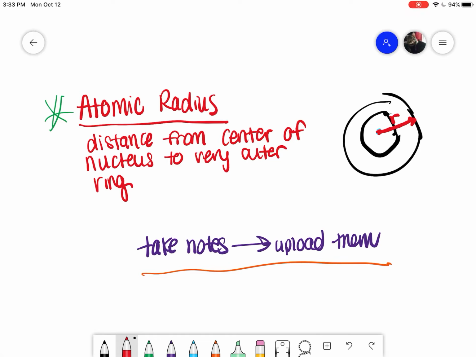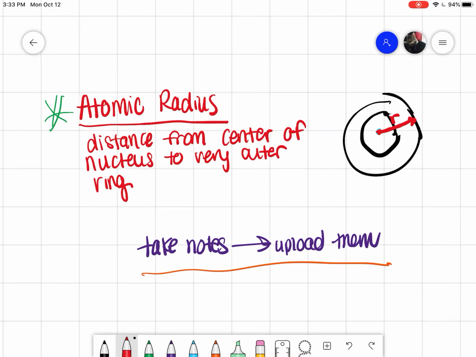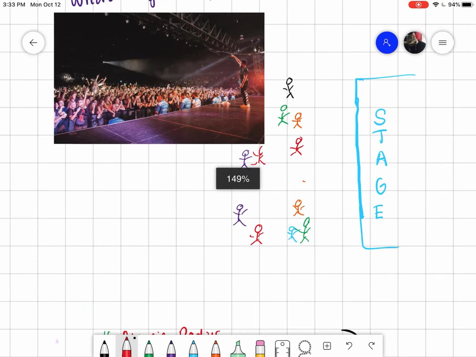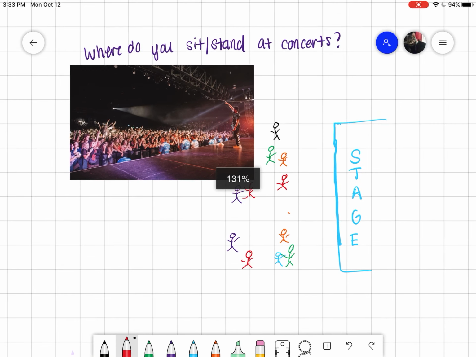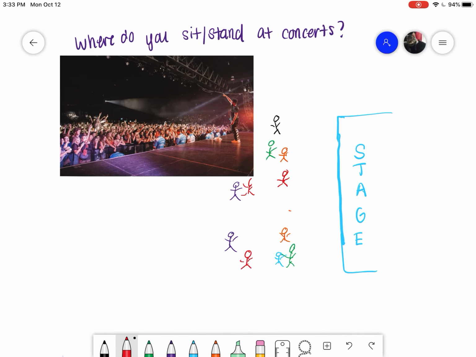Before we get too deep into discussing atomic radius, I want to talk about something fun, which is concerts. Concerts are one of my favorite things to do. When I go to a concert, I want to be as close to the stage as possible because I really want to get a good view of the musician.